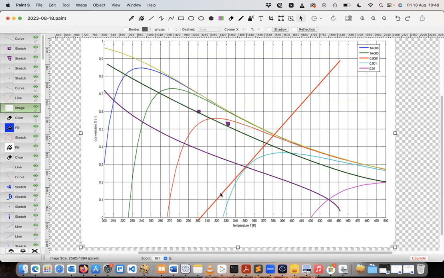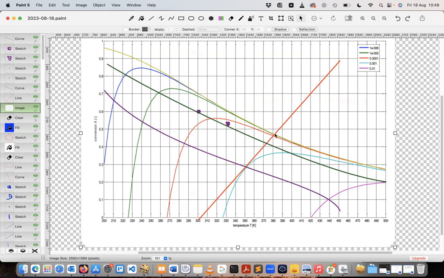If we take any points below this, this is really a bad operating region. Any points below this, and we are moving closer to the red line, which has a lower reaction rate. So any points to the left here, it's a lower reaction rate and a lower conversion. So there's really no point to looking down here.